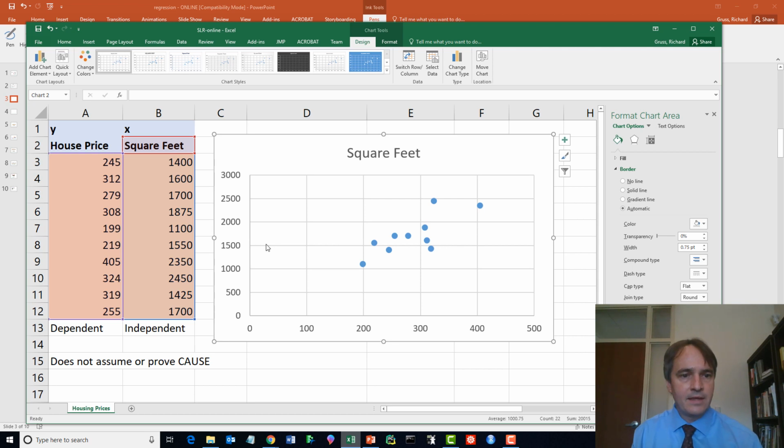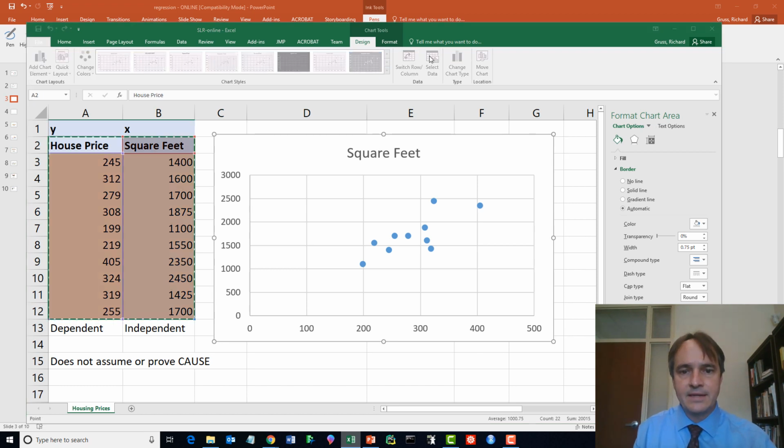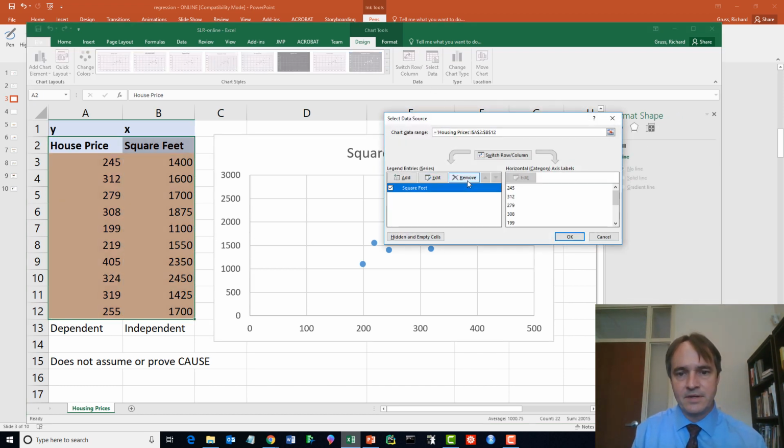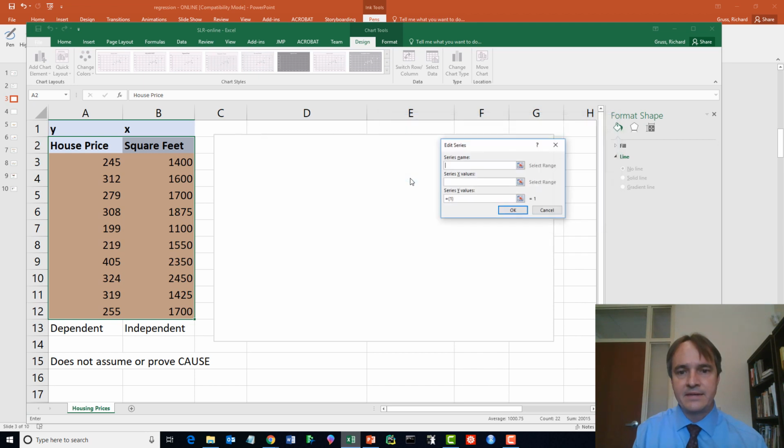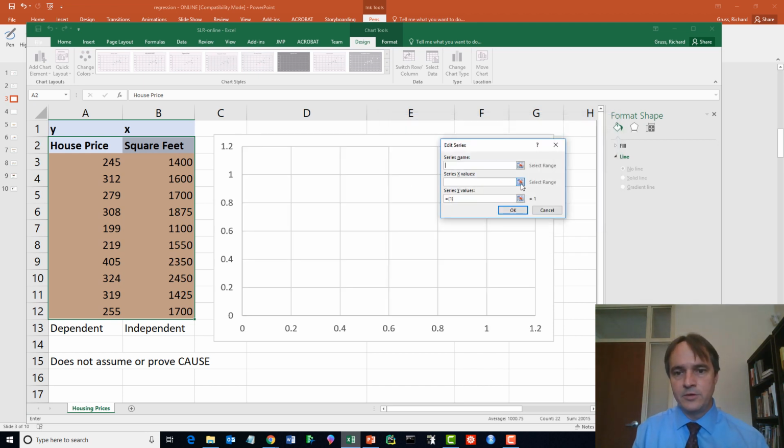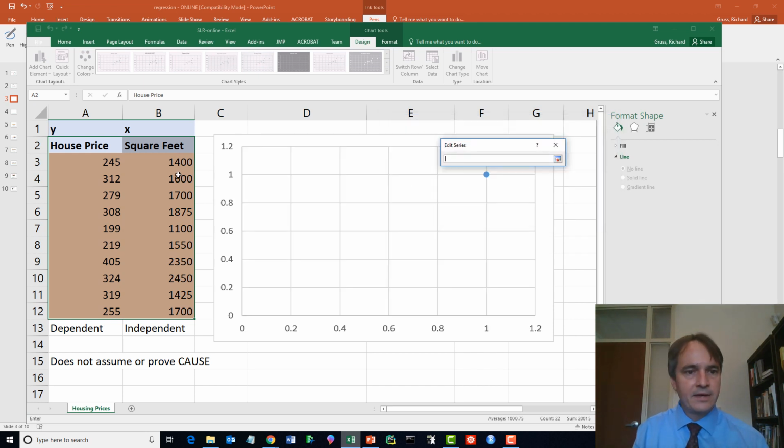But it looks like, based on what we have here, that Excel put the house price on the x-axis and put the square feet on the y-axis. So we have to kind of flip this over. I'm going to show you a way around this later, but I'll go ahead and show you this. If you come to select data, I find it easiest to just remove the data series that they've added, because then when you click there, you can select what is going to be your x.